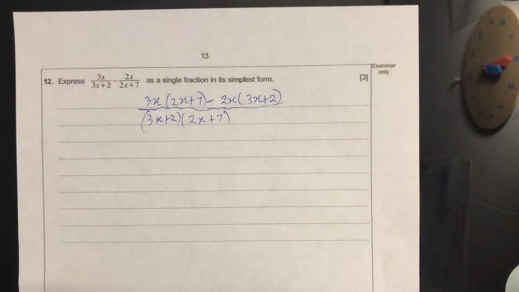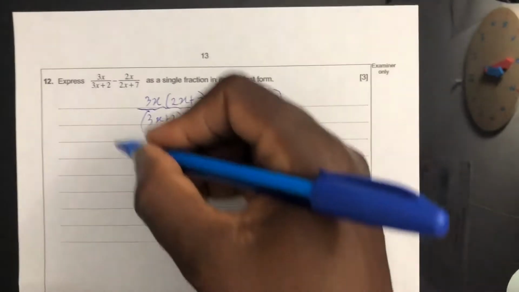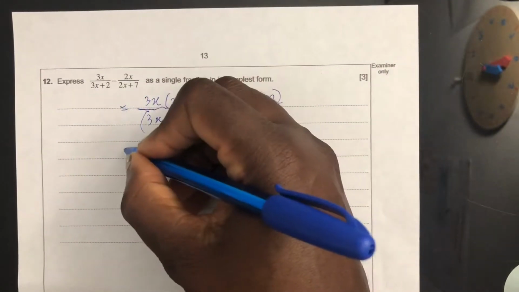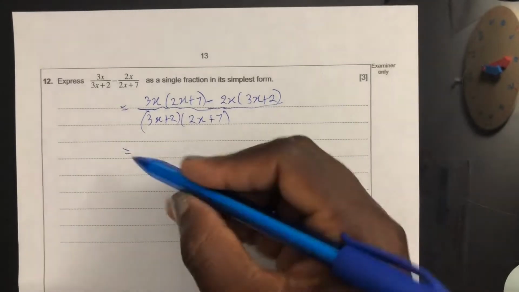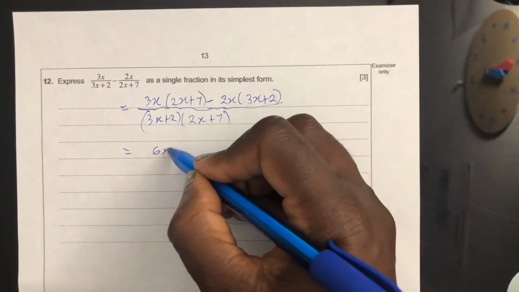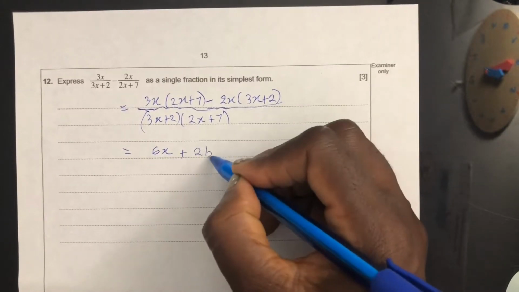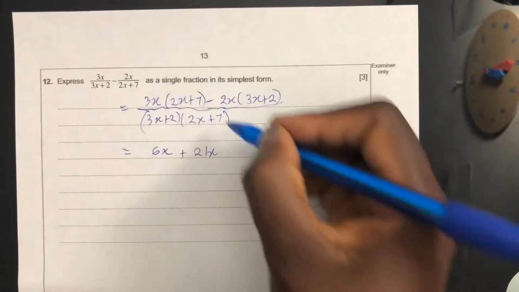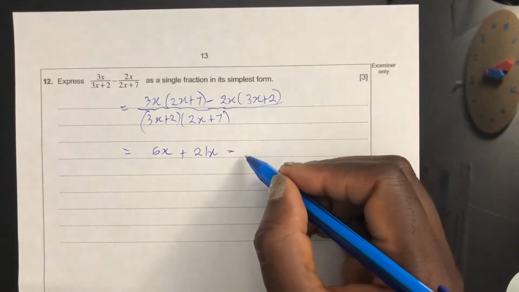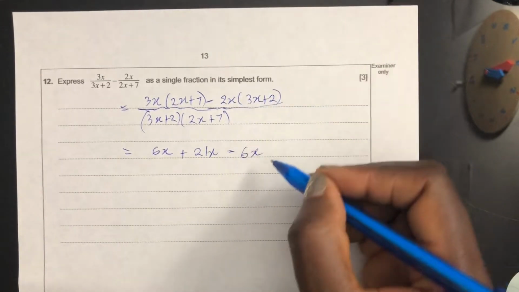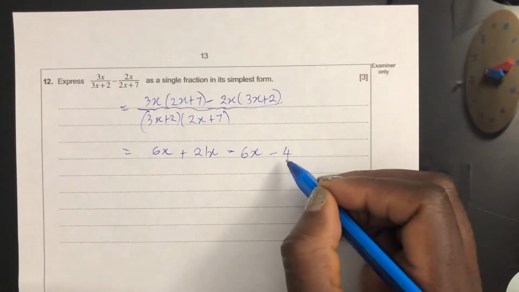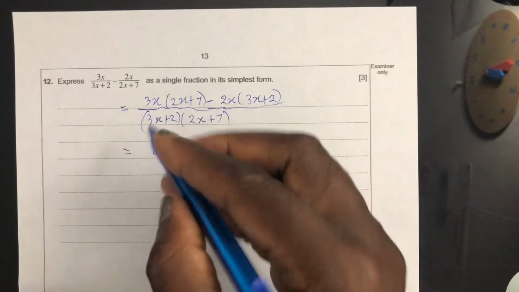Okay, if we expand that, we're going to have 6x squared plus 21x minus 6x squared minus 4x.